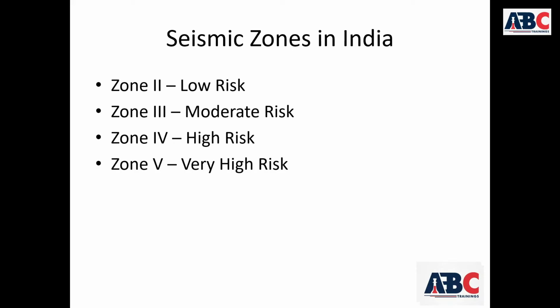The region includes northeast India, parts of Uttarakhand, Andaman and Nicobar Islands, and some Himalayan regions. In zone 5, seismic design is absolutely mandatory. Poor construction can lead to collapse.